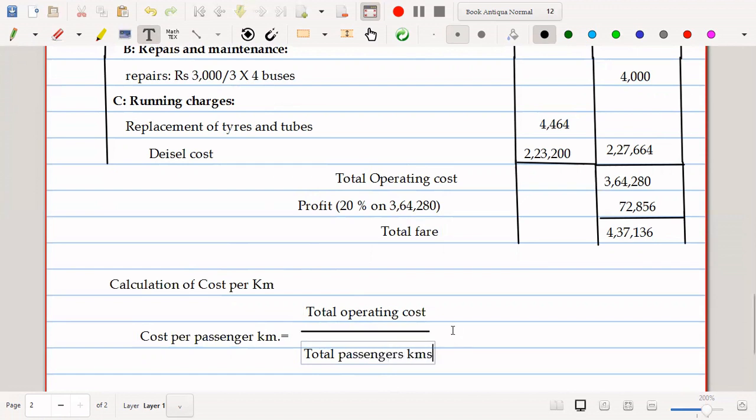We have calculated both of these. What is the total operating cost? It's right here only. Total operating cost was rupees 3 lakh, or directly you can take it as 4,37,136 divided by what was the total kilometer run we had calculated here.